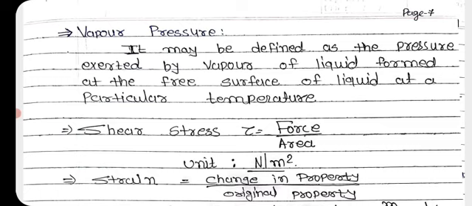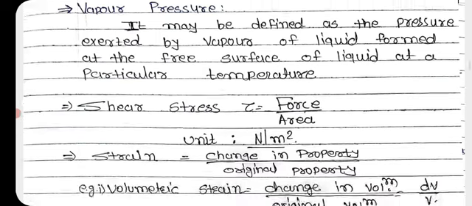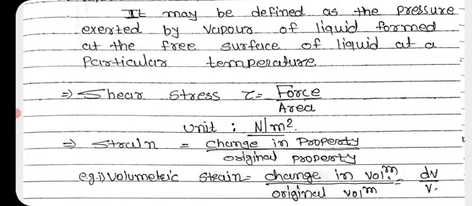Okay, so vapor pressure is a pressure exerted by vapor. And where does it form? That vapor forms on the free surface above the liquid surface, right? So it is the pressure exerted by the vapor of a liquid formed at the free surface of the liquid at a particular temperature.